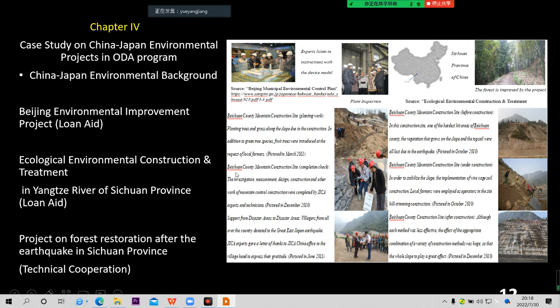And after several years, in 2010 and 2011, we can see the forest was greatly rebuilt. It was greatly improved by the project. So thanks to Japan's environmental ODA and this special project in Sichuan province, it helped China rebuild our forest and the damaged areas.